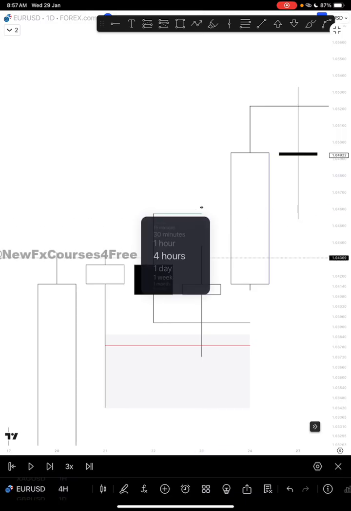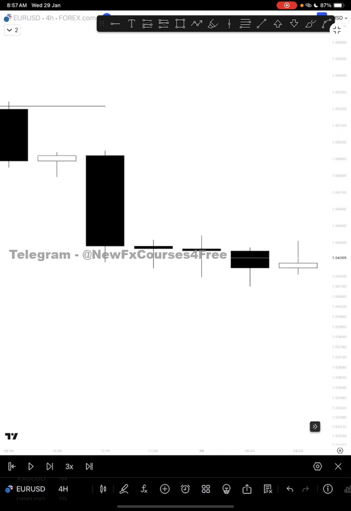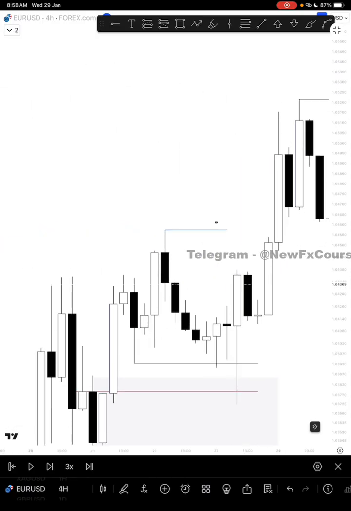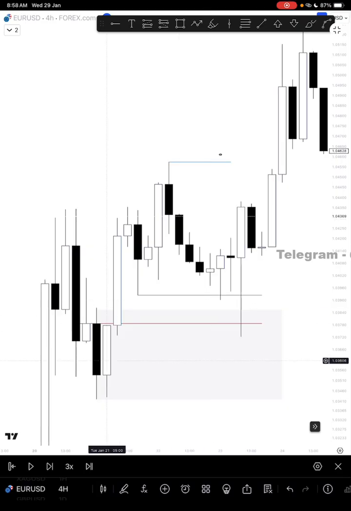Going down to the 4-hour time frame, our higher time frame rejection block is actually our lower time frame order block here.